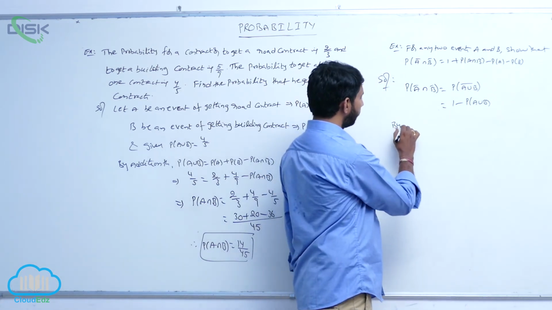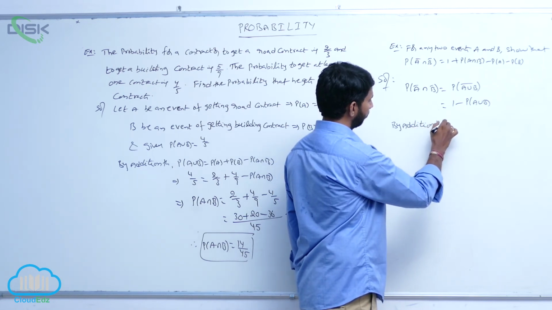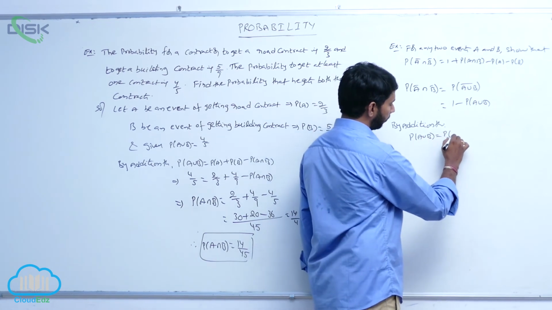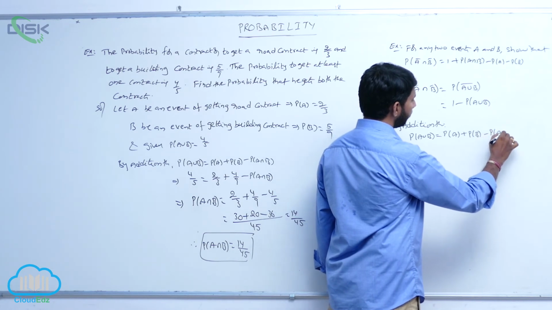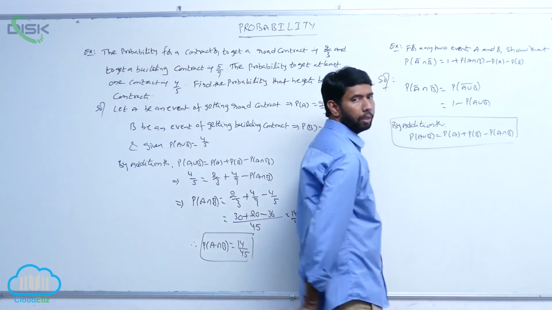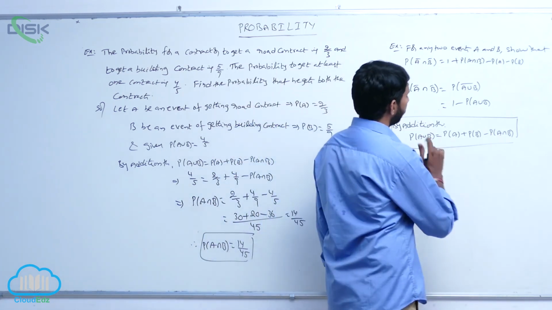By addition theorem, P of A union B is equal to P of A plus P of B minus P of A intersection B. Substitute the value in the above condition.